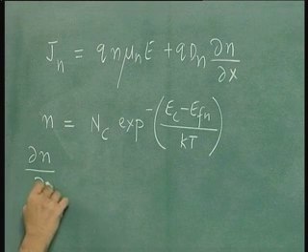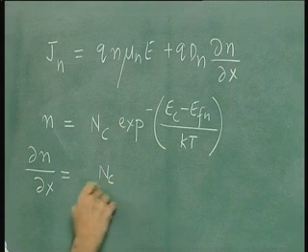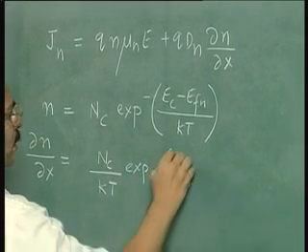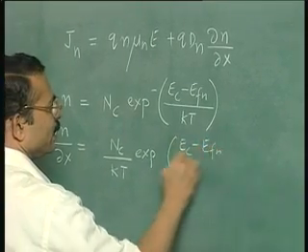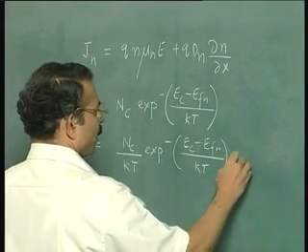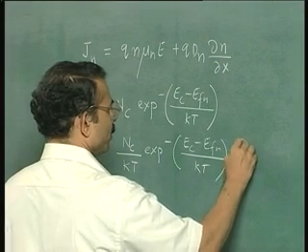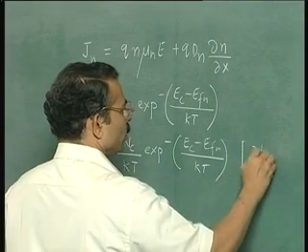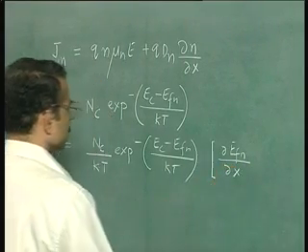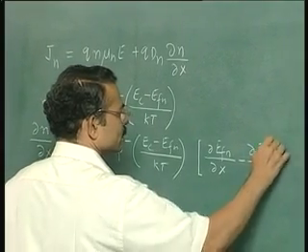So dou n by dou x is equal to Nc upon kT into exponential of minus (EC minus EFN) by kT, multiplied by the differential of this with respect to x, and that is dou EFN by dou x minus dou EC by dou x.